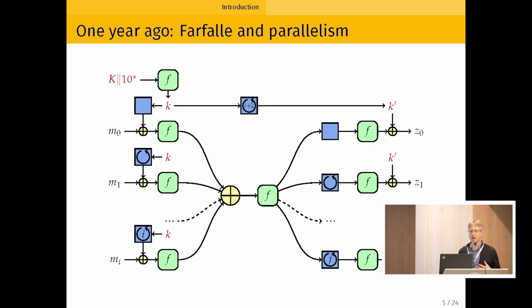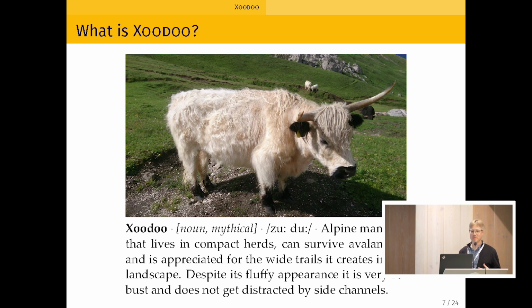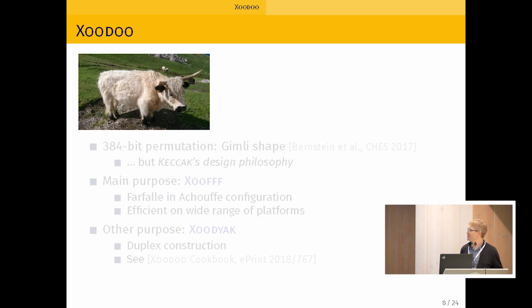So instead, our motivation was to try to have a permutation that fits nicely in this setting. And that's Zoodoo. So please meet the mascot of Zoodoo. So it's a very robust animal. So basically, Zoodoo takes a lot of inspiration from the Gimli permutation. The Gimli permutation is defined on 12 words of 32 bits, so that it fits nicely in the registers of typical ARM processors.